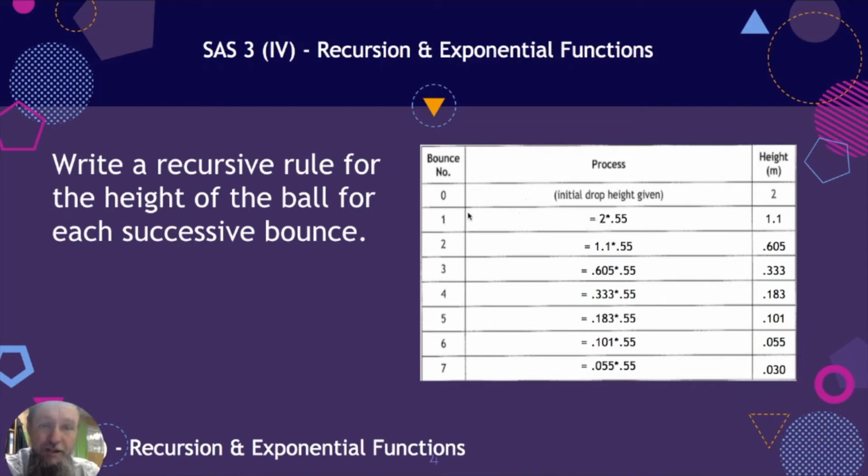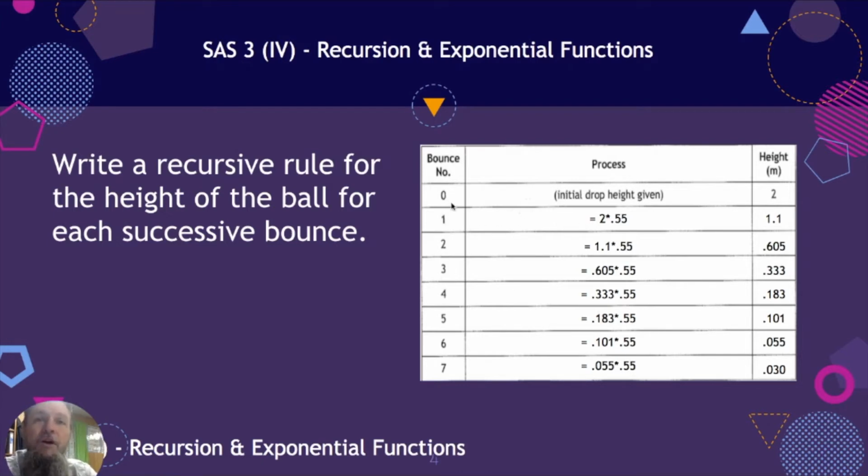If h n is this, and we substitute 1 in there, h 0 is the value we multiply by 0.55. So we take the subscript and determine the previous value by subtracting 1. So 1 minus 1 is 0. So h subscript n equals h subscript n minus 1 times 0.55.